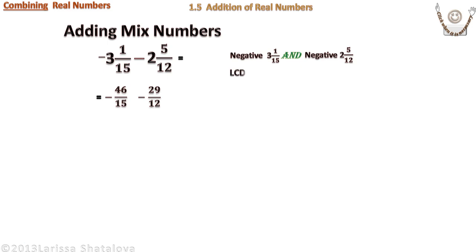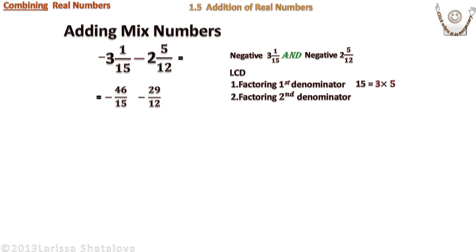The least common denominator. We have to factor the first denominator 15 into 3 times 5. We have to factor the second denominator 12 into 2 times 2 times 3, and then we have to compose the least common denominator, the lowest common denominator. We take the first denominator 3 times 5 as it is and multiply by the factors from the second denominator, 2 times 2.